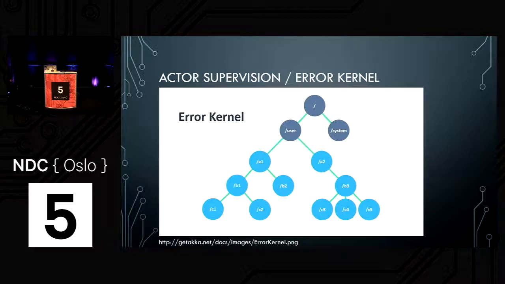Or if B1 has no idea what to do with that exception, it can just send it further up the chain. And then, for example, up here, you might decide to restart the whole lot because that could be seen as one unit. It depends. But that's also very useful, and that's how we create systems that can heal in the event of things going wrong.